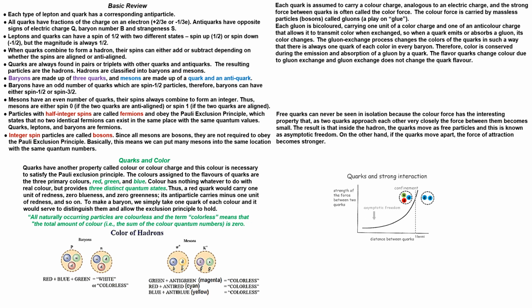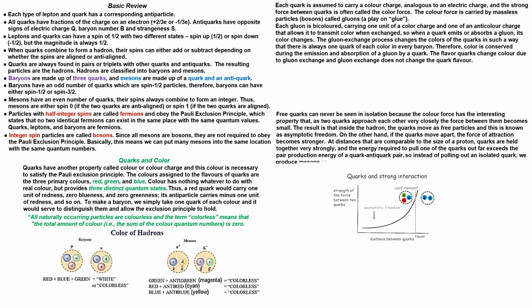At distances that are comparable to the size of a proton, quarks are held together very strongly, and the energy required to pull one of the quarks out far exceeds the pair production energy of a quark-antiquark pair. So instead of pulling out an isolated quark, we produce mesons as the produced quark-antiquark pairs combine. The phenomenon is called quark confinement.